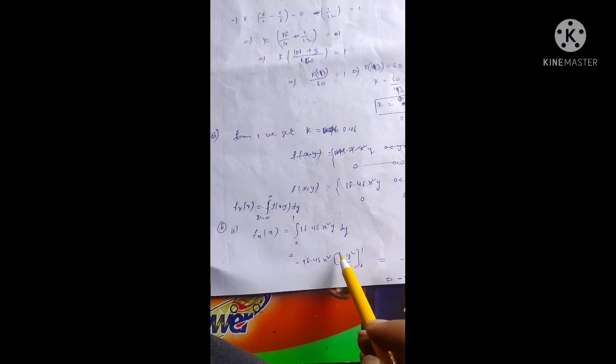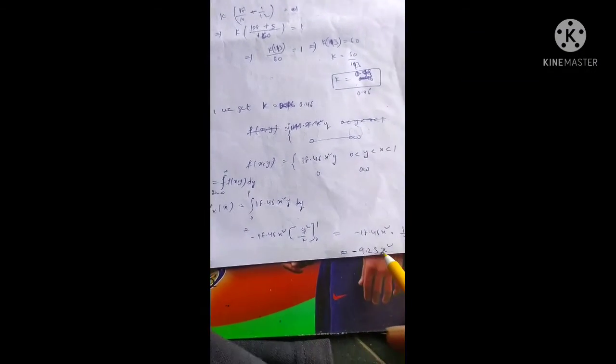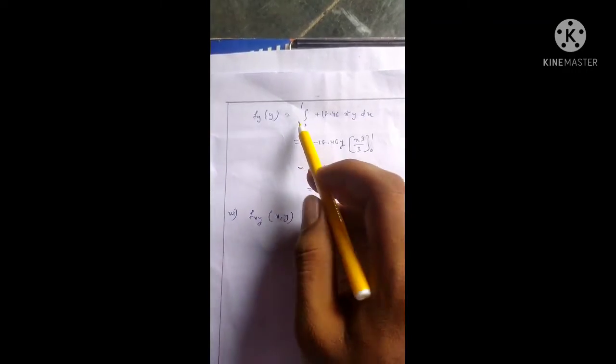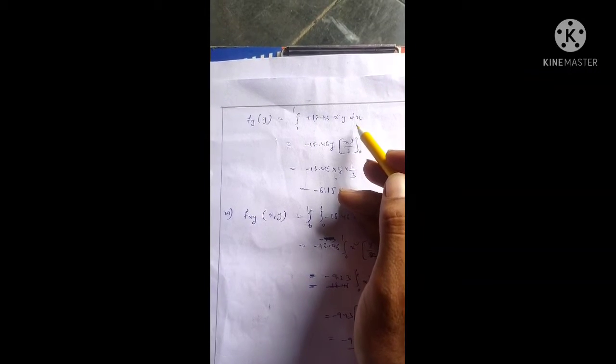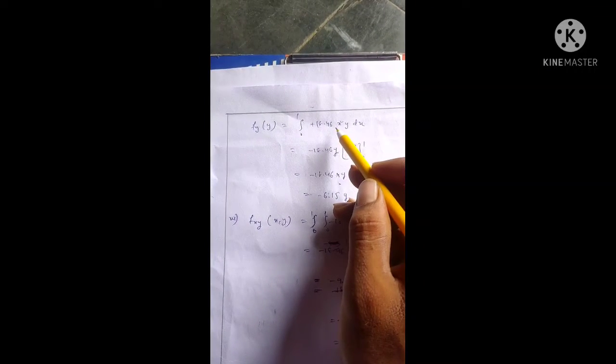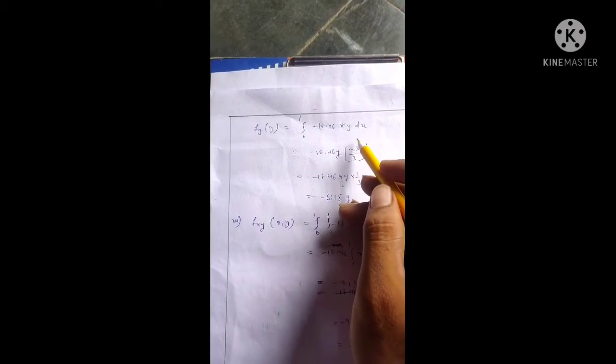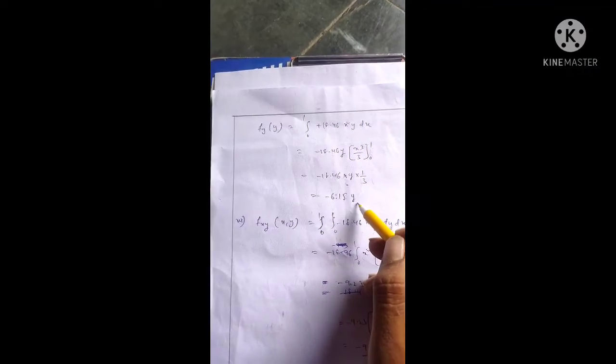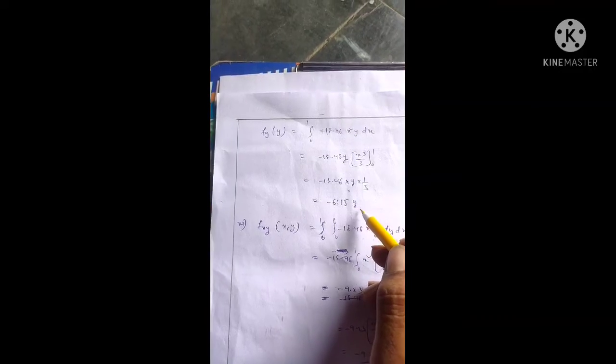Integrating with respect to y, we get fX of x as 9.23 x square. In the same way, for fY of y, we integrate f of xy with respect to x, and we get fY of y as 16.15 y.